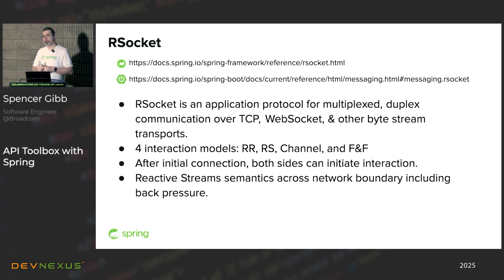So HTTP, you might get a server busy 500 error, right? But RSocket can communicate that kind of information across the wire. And so it can inform the clients, hey, you need to slow down and take less from us, for example.